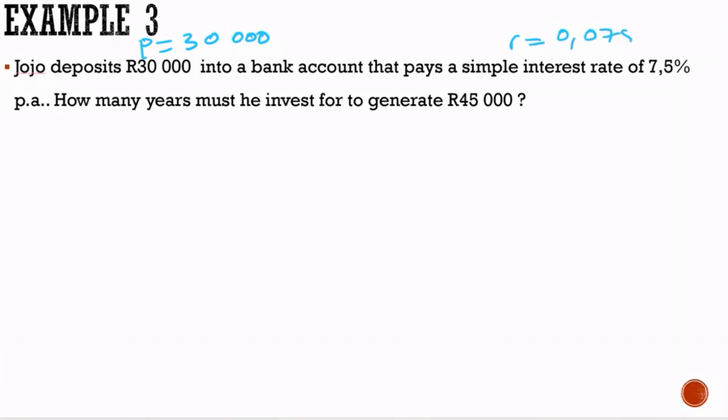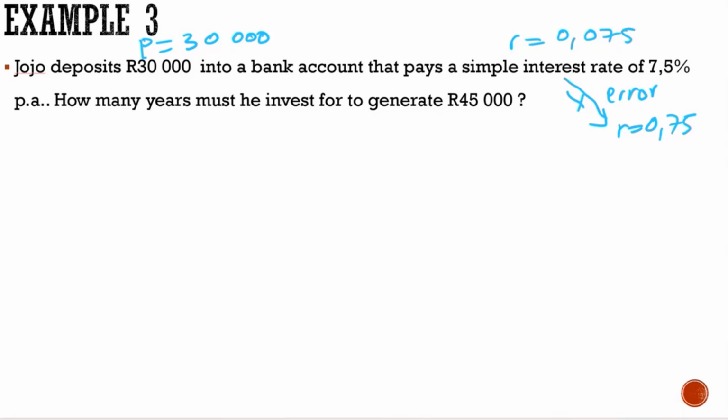0,075. I am going to emphasize something here. Most of the time you find an error whereby people would convert this 7,5 as 0,75. So be careful not to get into that misconception. It is an error because your mind is thinking so quickly.